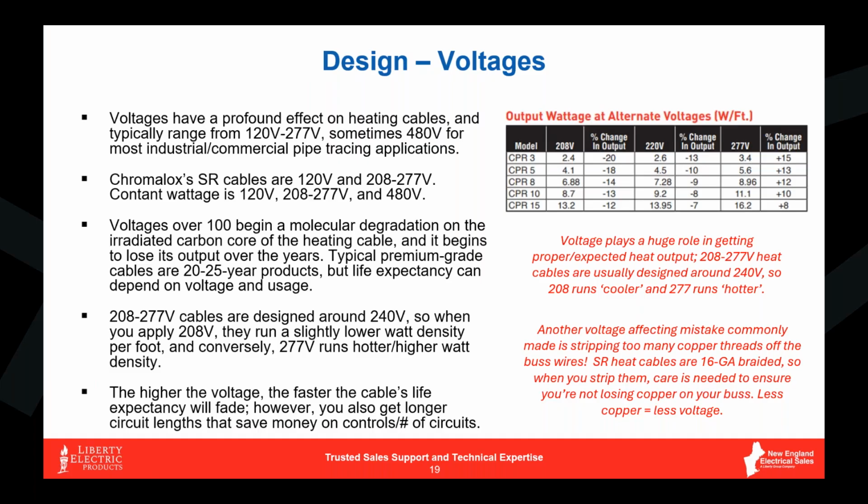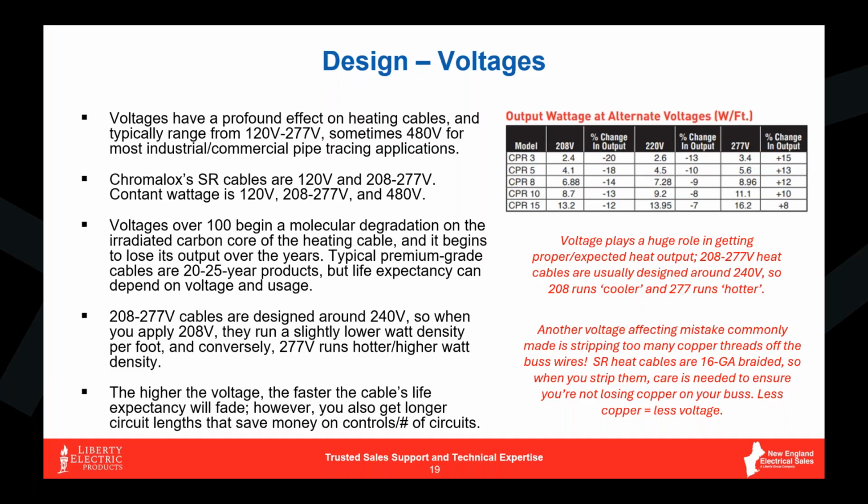When we talk about voltage, voltage plays a key role in heating cables, and it's amazing how much a few points of voltage can affect that heating cable. So this is where 120 volt, in my opinion, is good. 120 volt is a very consistent voltage.